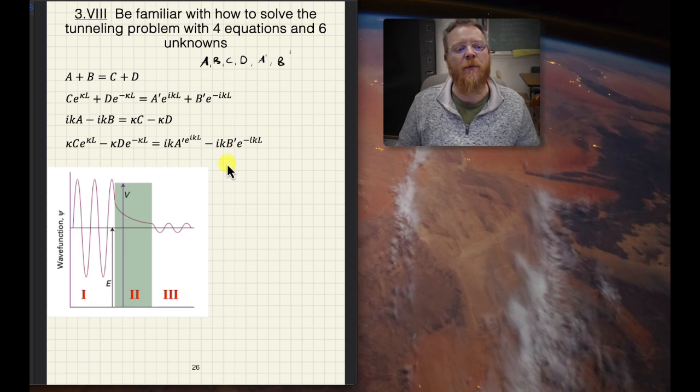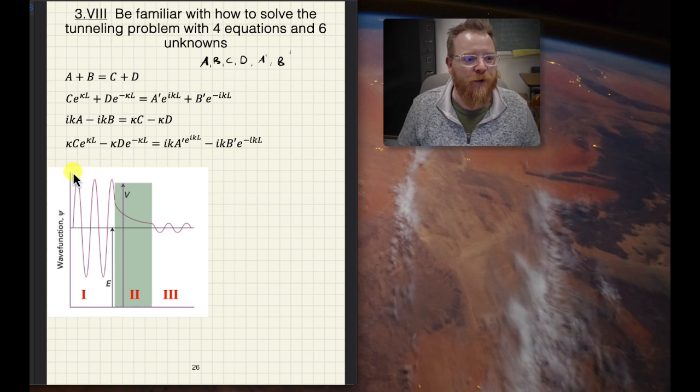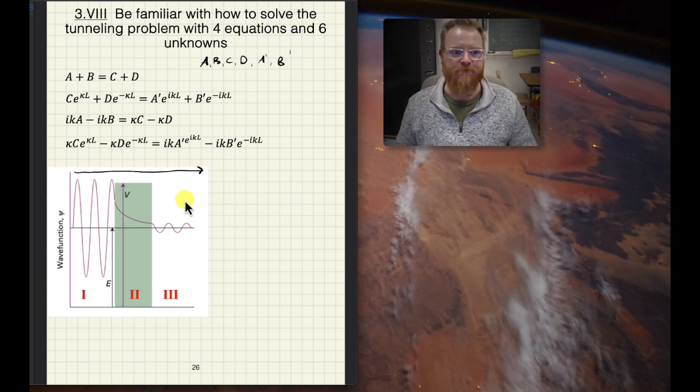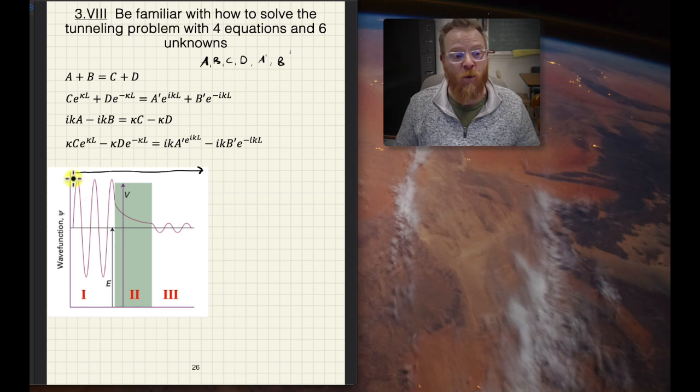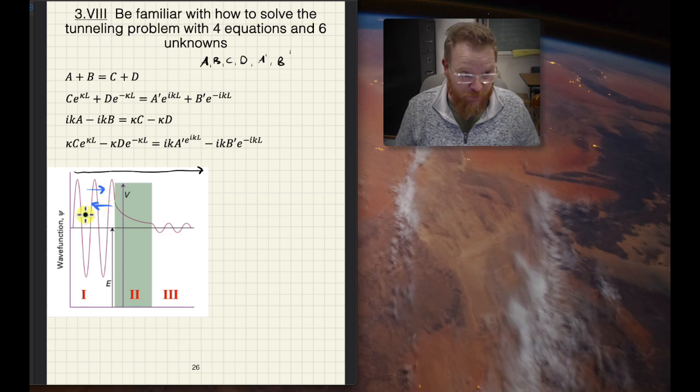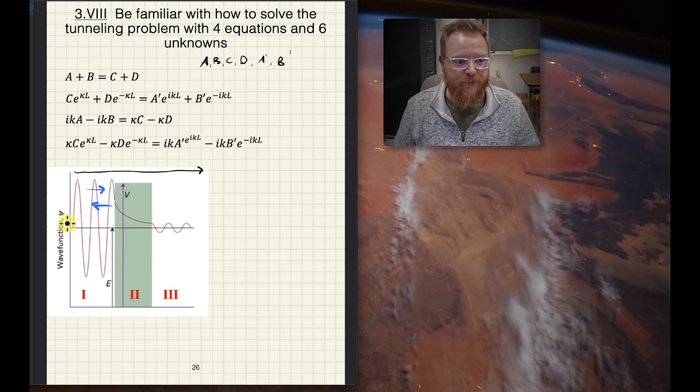So in this problem, we have set this up such that overall, we are interested in particles moving from left all the way right, okay? So we note in region 1, we will have right moving particles, but we also get left moving particles, right? The reflecting off of the barrier.